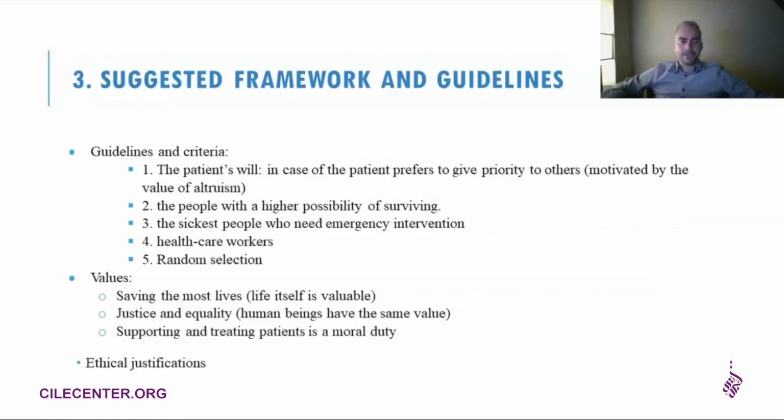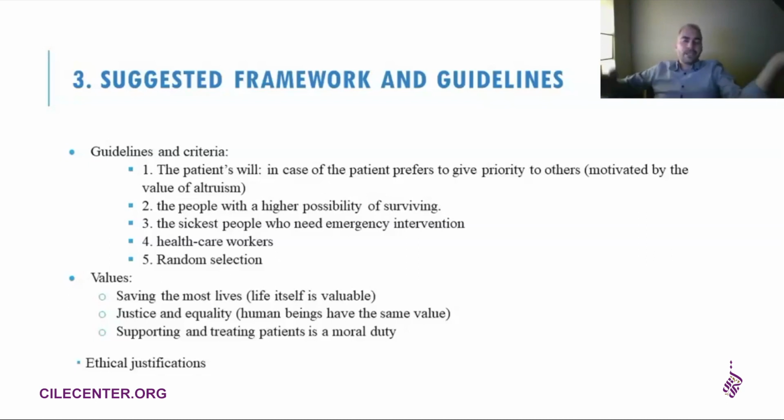So based on this framework, I would suggest what you see now on the screen. Number one is the guidelines and criteria, put in order. Number one, we should look at the patient's will. In case the patient prefers to give priority to others, in this case the patient is motivated by the value of altruism, ethar.